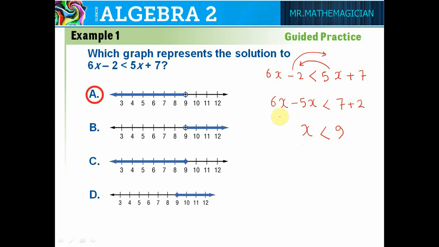X smaller than 9 means we start at 9 with an open circle going to the left, toward negative infinity. So the solution set in interval notation goes from the smallest number to the biggest number: open at negative infinity until we reach 9, open. And the graph, as you can see, the accurate choice is A.